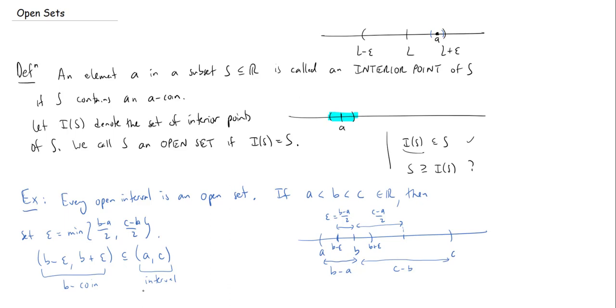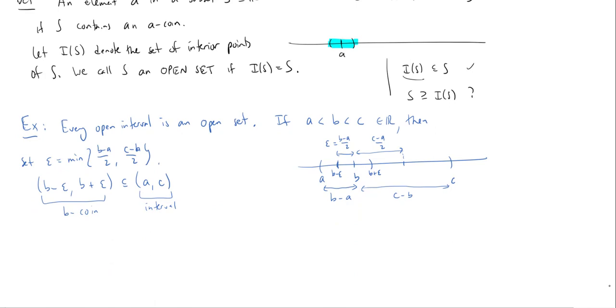Now, one small caveat is it's not really clear what you would do if this was an infinite interval, right? So maybe something of the form negative infinity to C, or A to infinity, or even negative infinity to infinity. But if you just look at one of these cases, you just say, well, okay, that's infinity, I'm not going to take that one. So for example, if I said, let's go from A to infinity, and then I have a B somewhere, well, there's no point in taking the distance to the right.